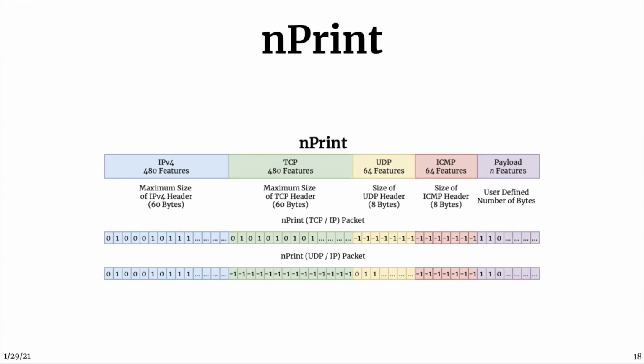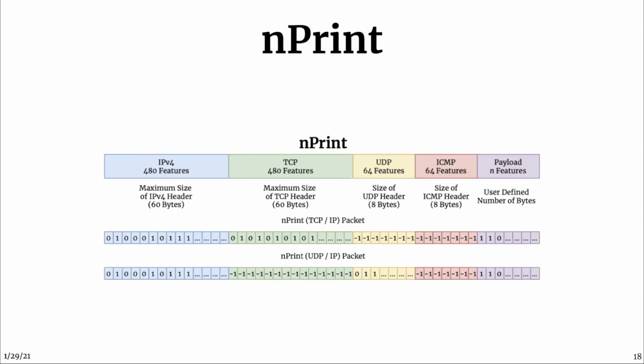Okay, so this is where we've landed. This is nPrint. It meets all of our requirements. So first, it's complete, and we can represent every single bit of any packet to the classifier, because we include room for every protocol that we're interested in for a given problem. It's constant size in the sense that by padding to the maximum size of a given header, we are able to guarantee that the classifier gets constant size input.